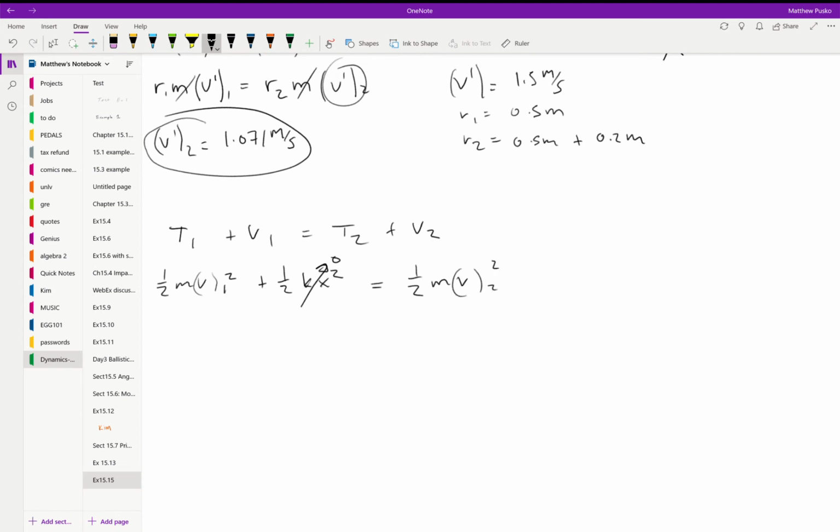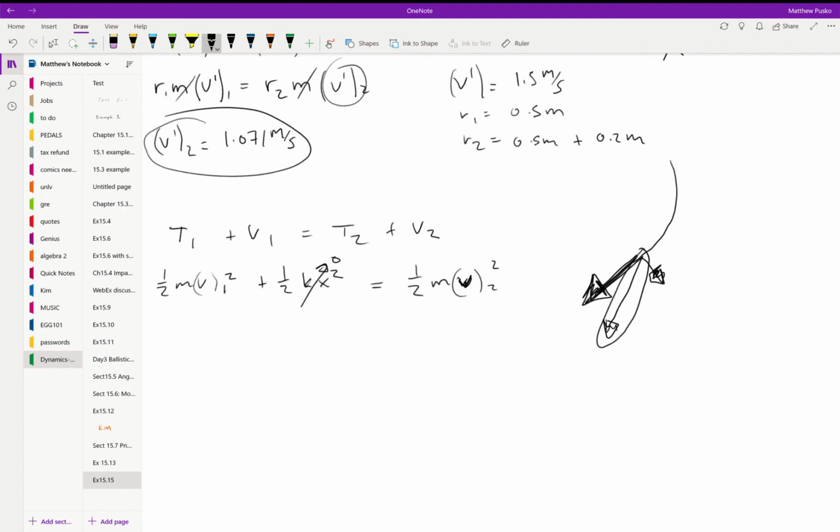And remember our vector, we have the component that's perpendicular to the arm. We have our vector v, and then we have the radial component. The one we're looking for right now is the magnitude, so that's our v.